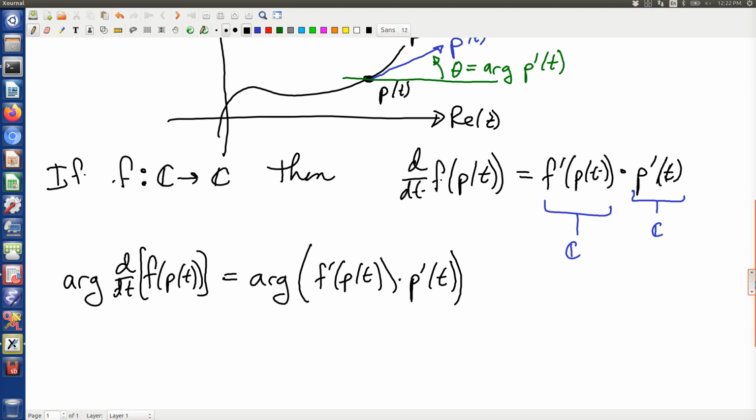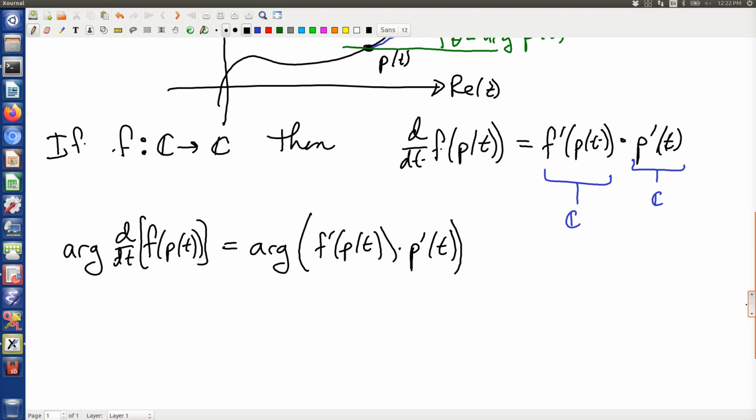Now, if you remember, arguments are angles, and they're exponents of e to the i something or other. So that means, in particular, that they add.